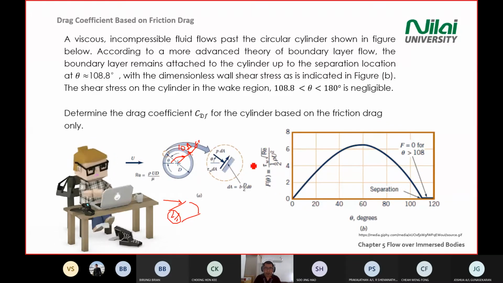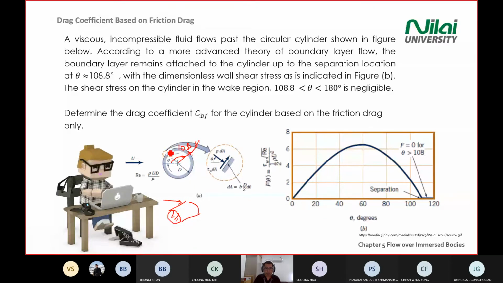The force created on the surface is given by this equation: mu, shear stress, square root of Reynolds number, divided by the dynamic pressure, half rho u square. The left hand side is force, and you look at the graph here.